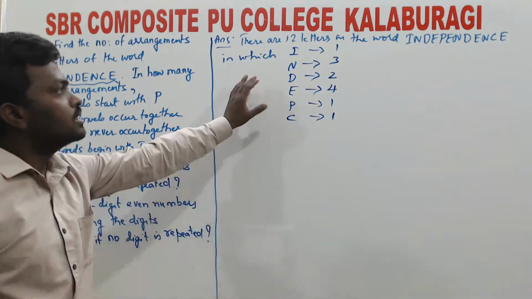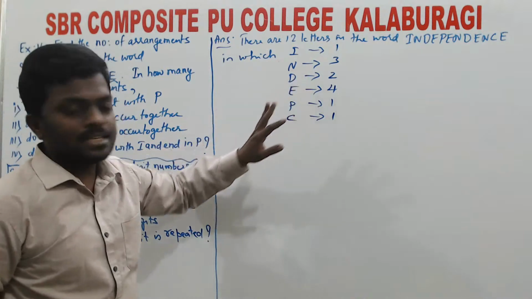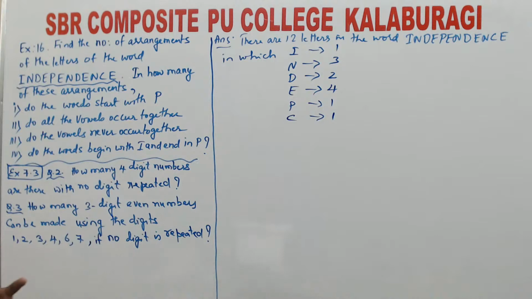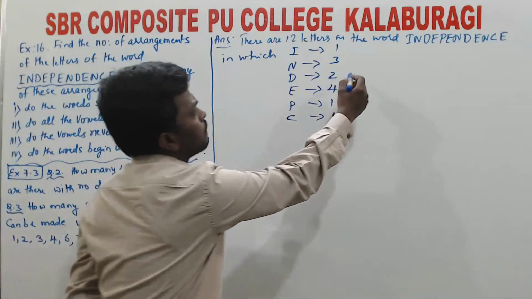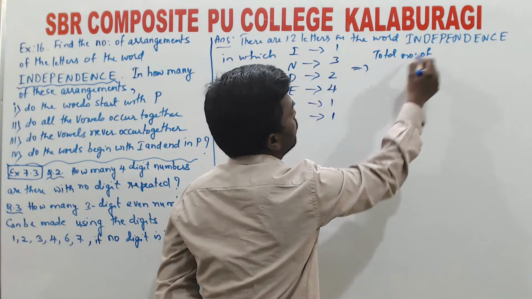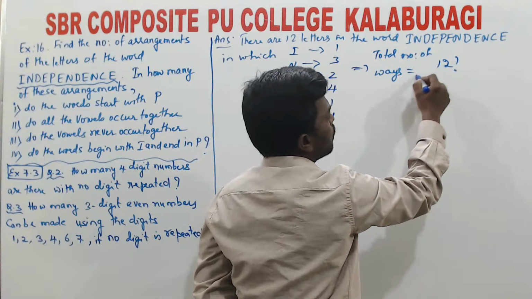Is that clear? So this is how the different letters are grouped. So there are some objects which are similar. The total number of letters is 12, so the total number of ways to arrange the word would be 12 factorial.